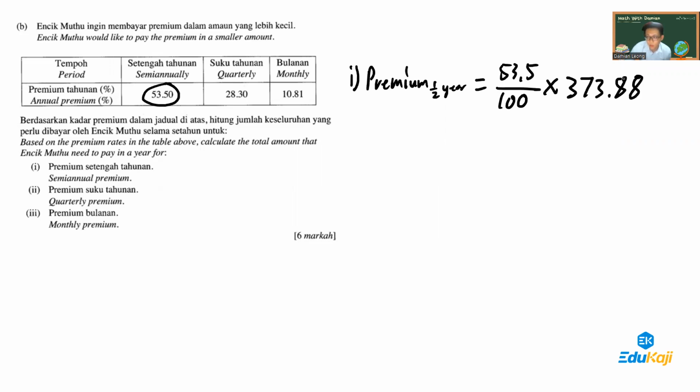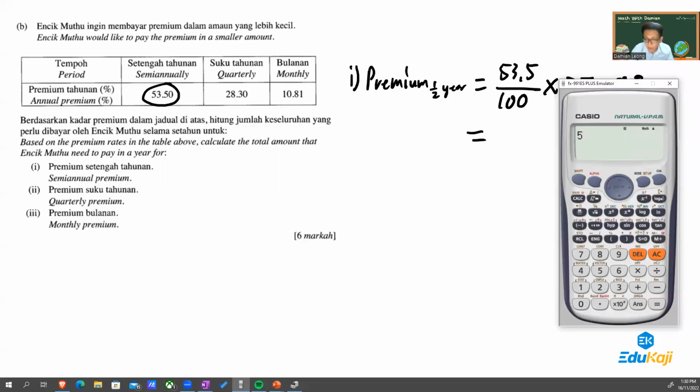Just now I counted 373.88. So 53.5% times 373.88.